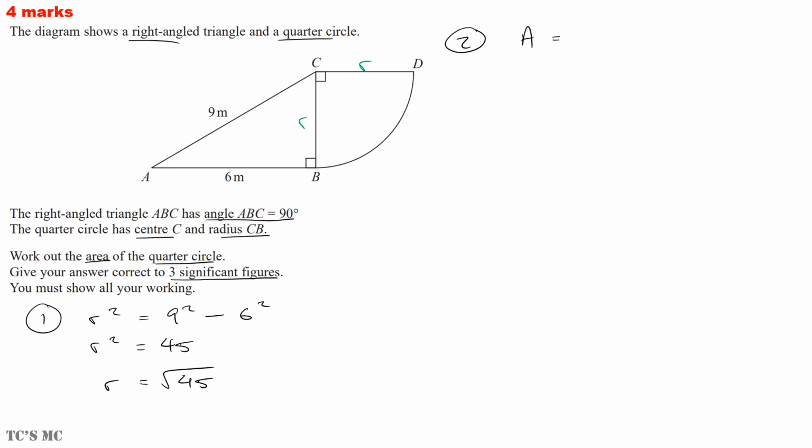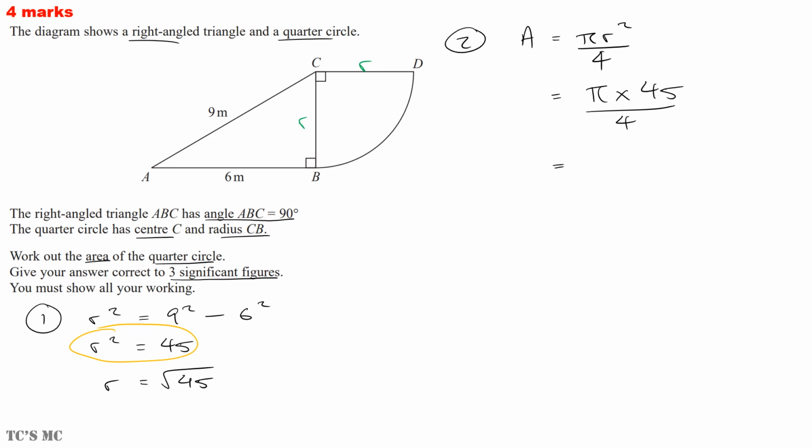The area of a circle is pi multiplied by r squared. Because we have a quarter, we need to divide by 4. I'm now going to say pi multiplied by r squared. Remember, r squared is this value over here, so we can just say pi multiplied by 45, all divided by 4. Now we have a third mark.